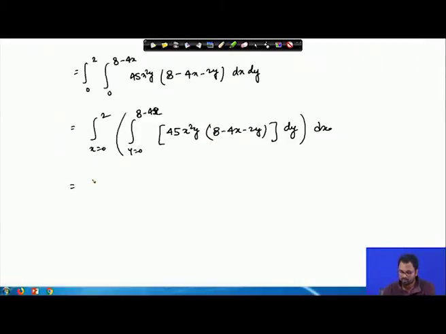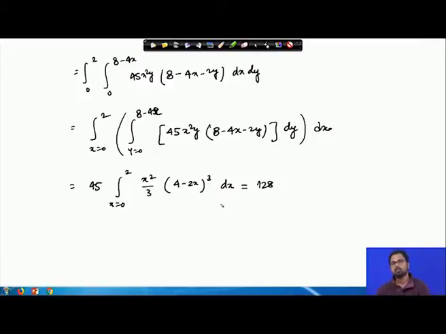Everything is pretty straightforward, and ultimately we will obtain 45 times the integral of x from 0 to 2 of x square by 3 times (4 minus 2x) whole cubed dx, and when we integrate with respect to x, this whole thing will reduce to 128. So, the required answer is 128.